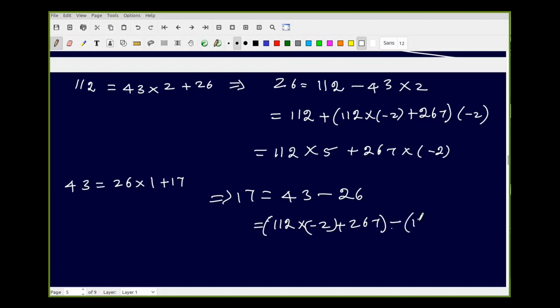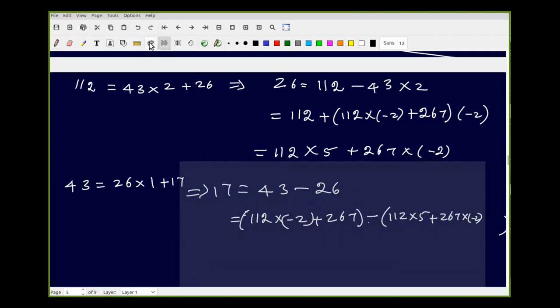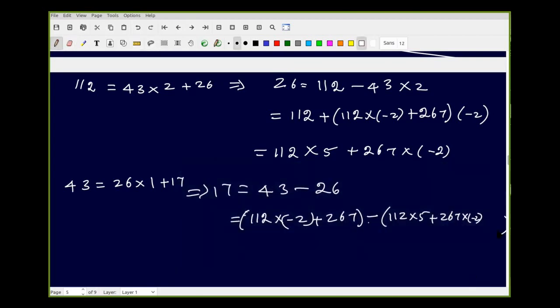Minus 26, which is 112 product 5 plus 267 product minus 2. And we rewrite this as a linear combination of 112 and 267. So this 17 is 112 product minus 7 plus 267 product 3.